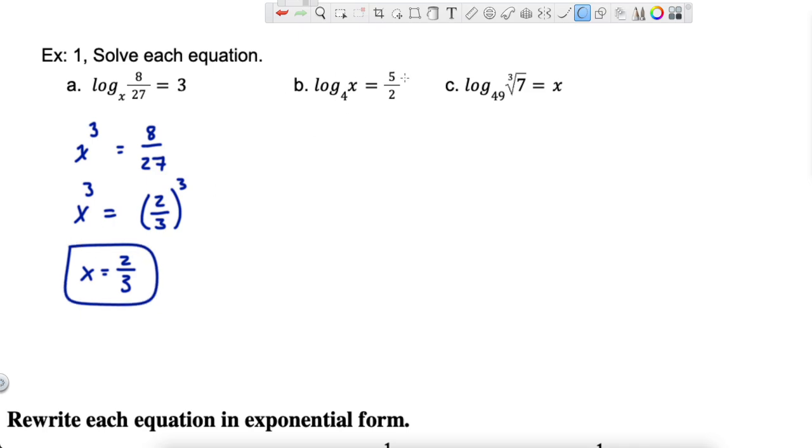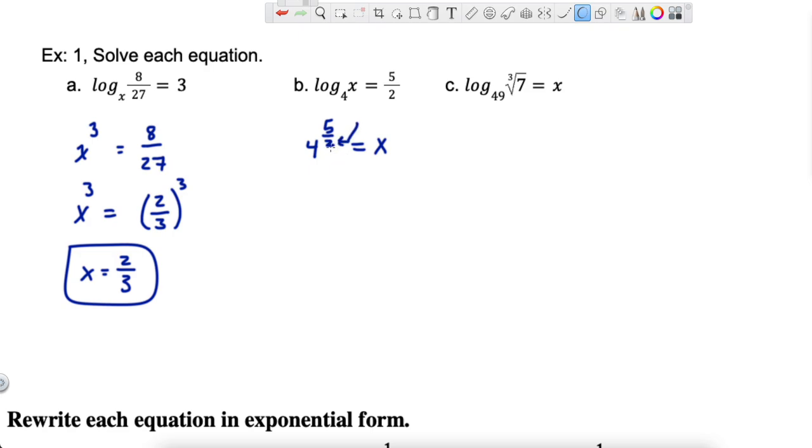All right. Log base 4 of x equals 5/2. Okay, so our base is 4. We're raising it to the 5/2, and it equals x. Okay, so let's see here. I want to think about this as another way of expressing this 5/2.